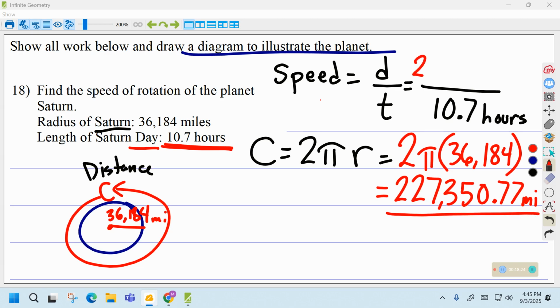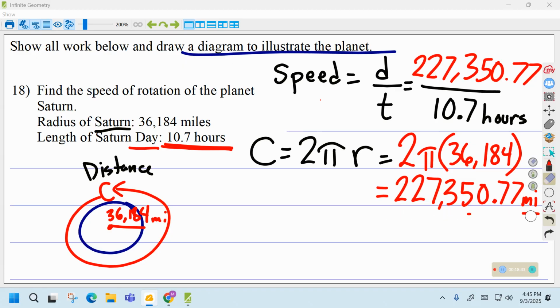So we need to take that number and divide it by that value of 10.7, and we would be complete with this whole problem. Okay, so we're going to do that calculation right now. I'm dividing by 10.7, and I get my speed. I'll write my final answer down here.